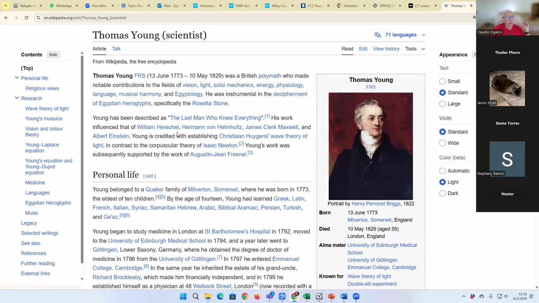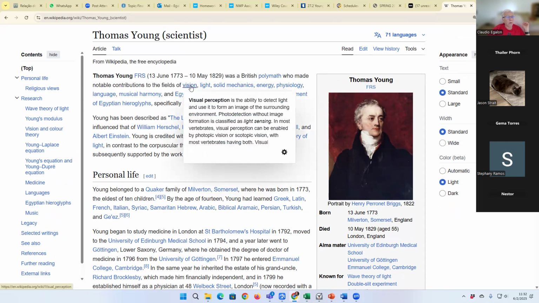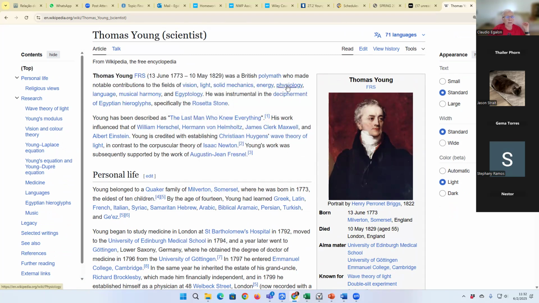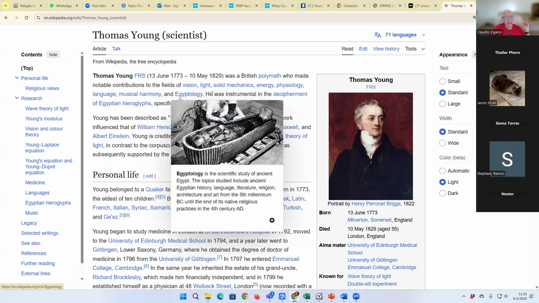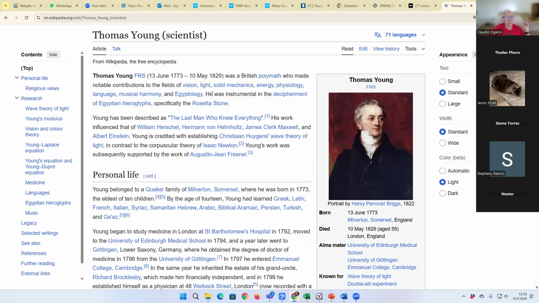He was a polymath, with contributions in the fields of vision, light, solid mechanics, energy, physiology, language, musical harmony, and Egyptology. Yes, this guy helped Francois Champollion translate the Rosetta Stone, for those archaeological nerds of the class.